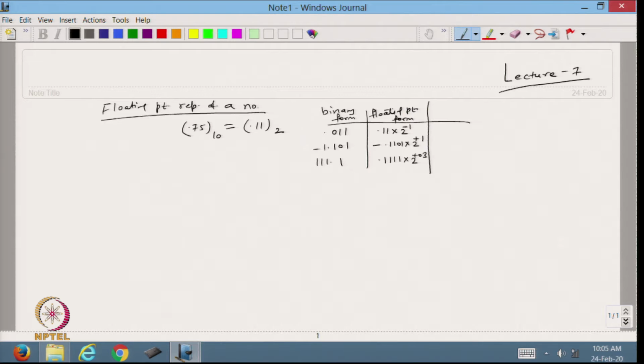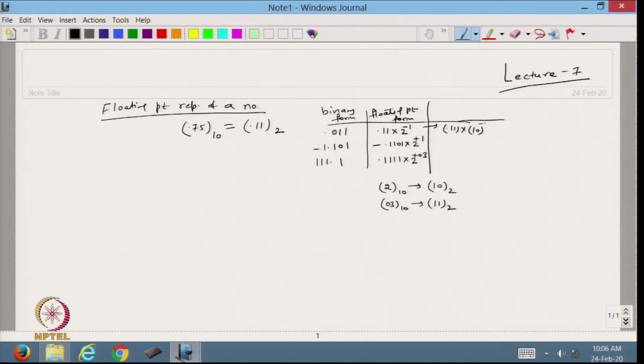But because we are writing in binary form, we know that 2 in decimal is written as 10 in binary, and 3 is written as 11 in binary. So we can write the first number as 0.11 into 10. This 10 is not the decimal ten, it is the binary representation of the number 2.